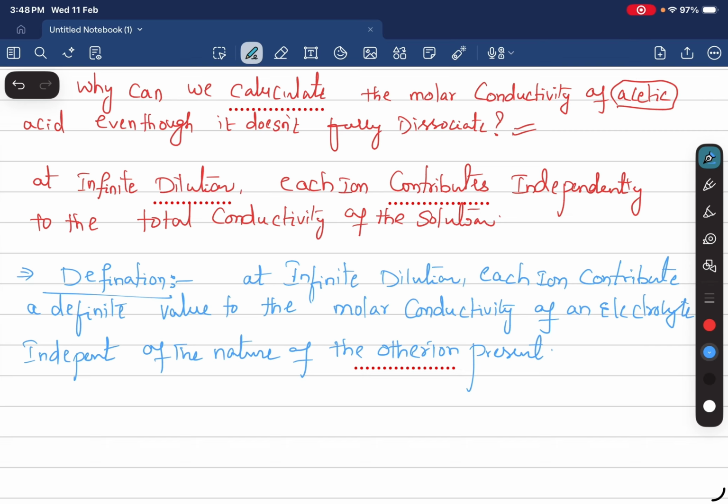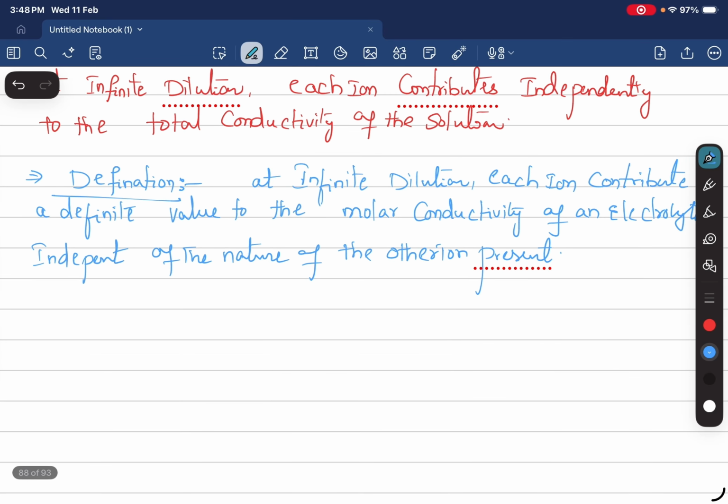Like, it is independent of the other ion. Every ion is responsible, or it contributes a certain conductivity value. That's nothing but Kohlrausch's law.